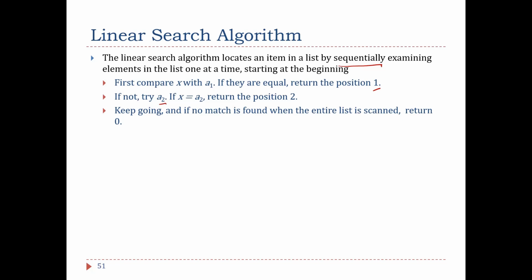If X is equal to A2, then we return the position 2. Otherwise, we check the equality with A3 and so on and so forth. Of course, after checking with AN, if it's equal to AN, we return N. Otherwise, we return 0 in this case, or say -1, a particular value that denotes that we could not find any match for the value X that we are looking for in the array.